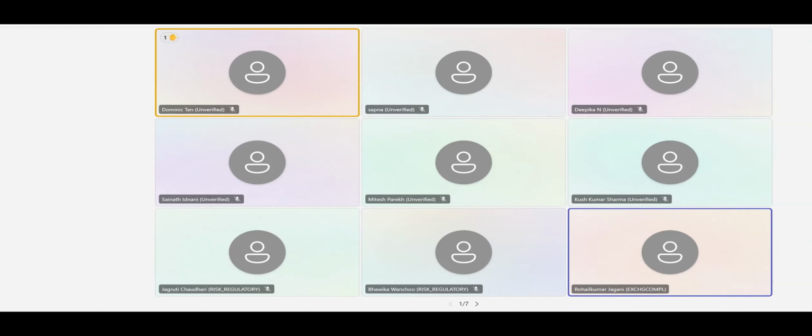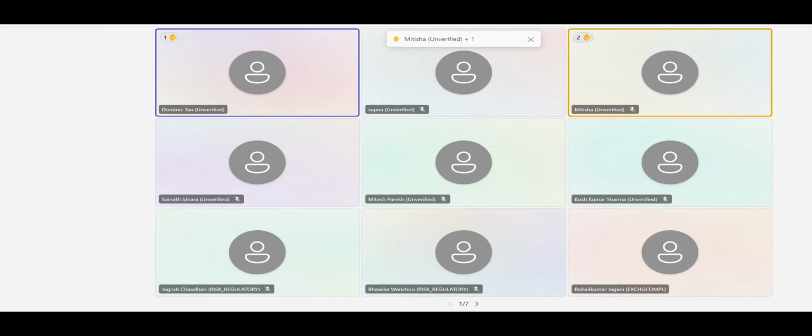Yes, Mr. Dominic. Hi, I have a question about the cybersecurity and resilience framework. In your slide, you mentioned that members shall inform the exchange within 6 hours of unusual activities pursuant to the SEBI circular. I wanted to check if the SEBI circular on technical glitches also applies to members in the IFSC, because that one requires reporting within 1 hour of technical glitches.